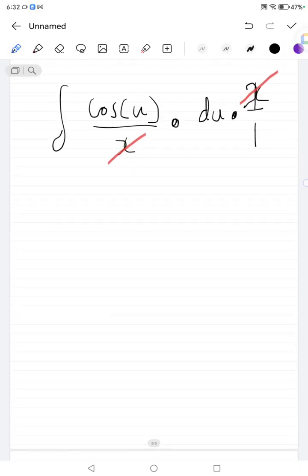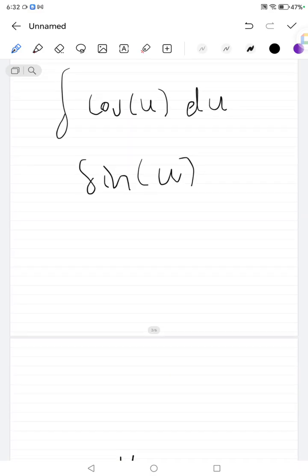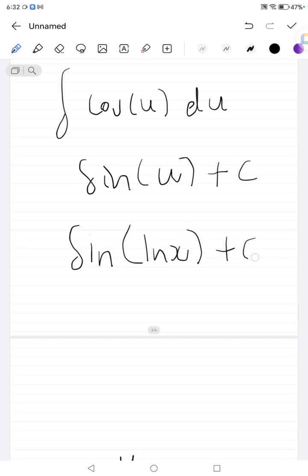Then you're going to be left with what? You're going to be left with your cos of u du, which is the same as having your sine of u plus c. This is the same as having your sine of ln of x plus c.